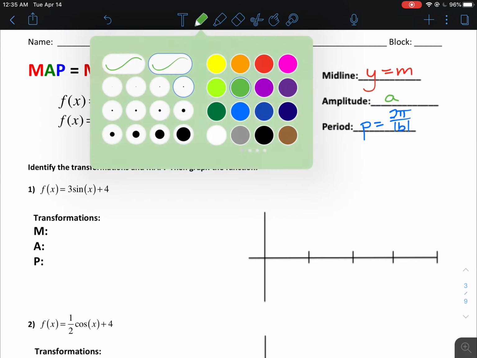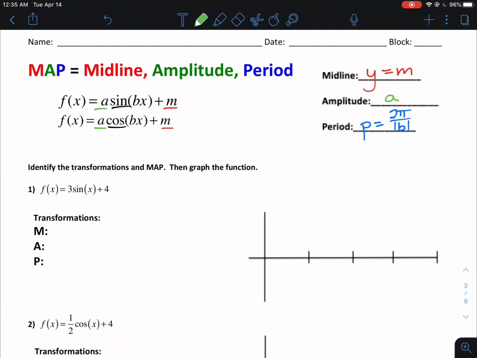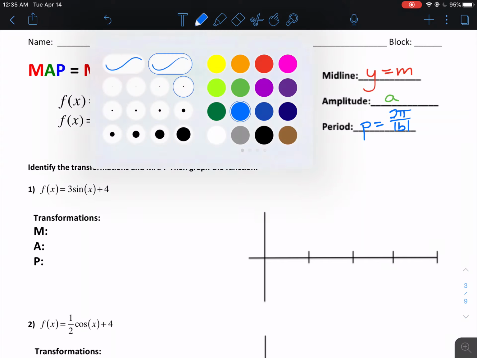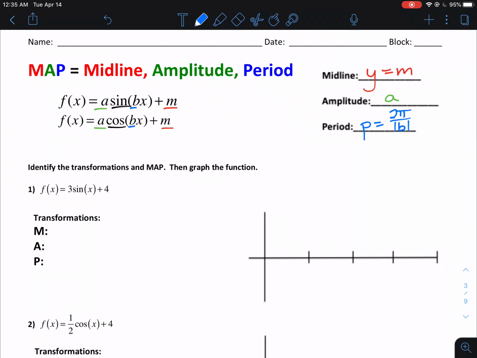Next is your amplitude. So your amplitude is going to be whatever your stretch or compression was. And then lastly is going to be your period. This is the one that's probably the least direct. Notice that we have a formula for that. So our period is we're going to take 2 pi divided by the absolute value of b.